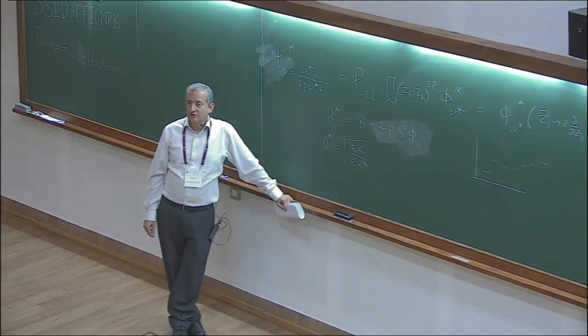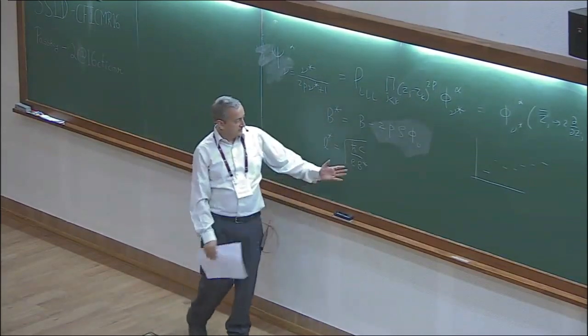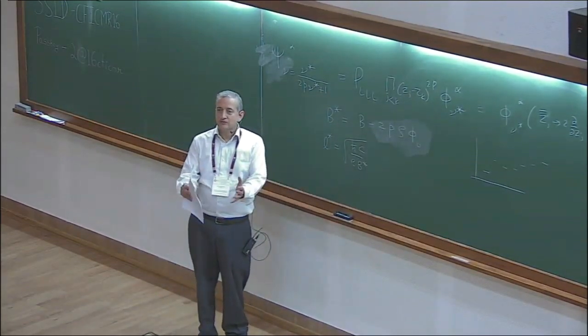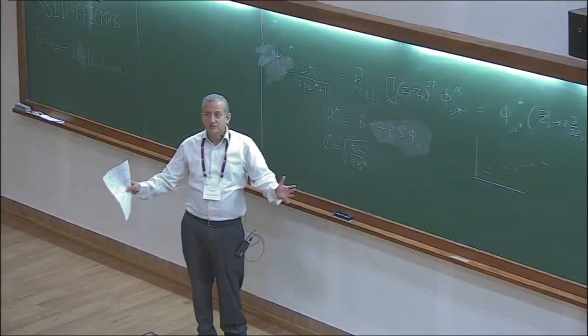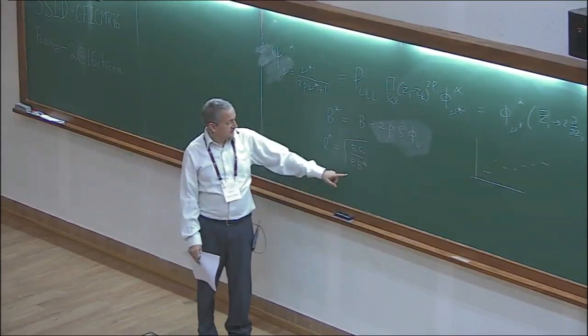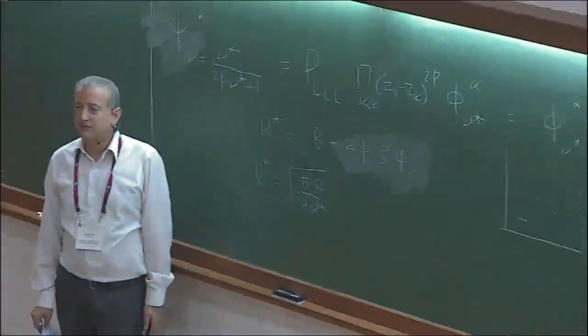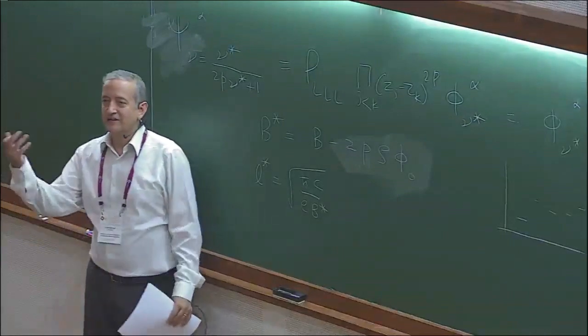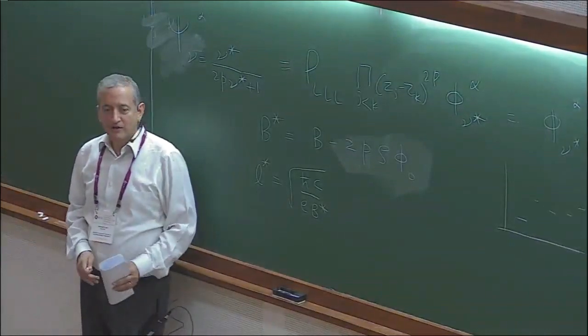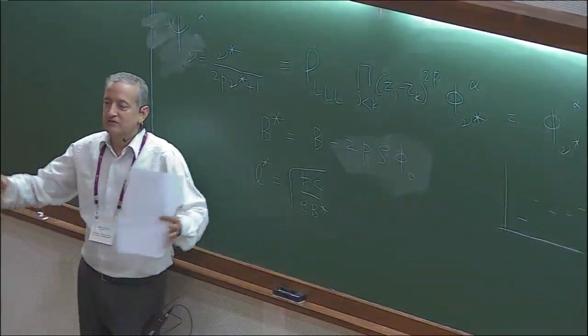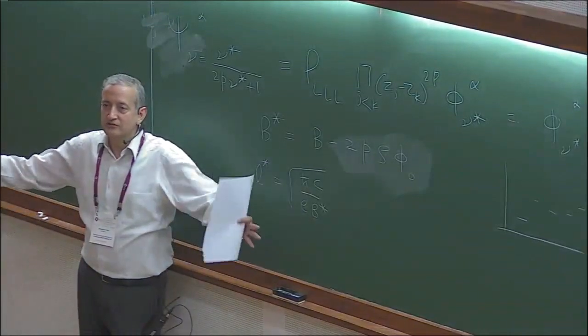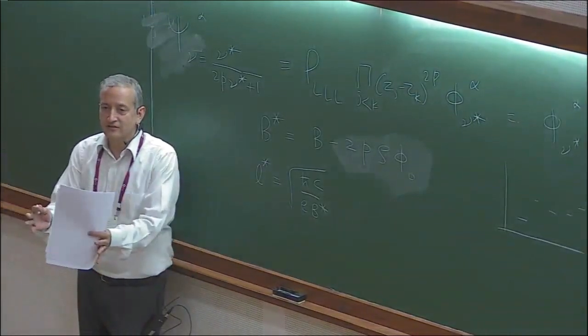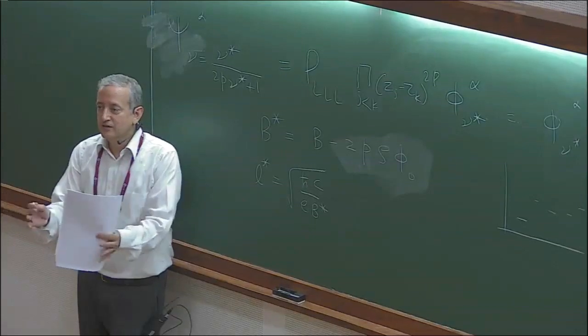So as you go toward filling factor 1/2, as B* becomes smaller and smaller, this length scale can be much, much bigger than the magnetic length in the lowest Landau level. So this actually tells you the size of the quasi-particles of various fractional Hall states. The size is not given by the magnetic length.